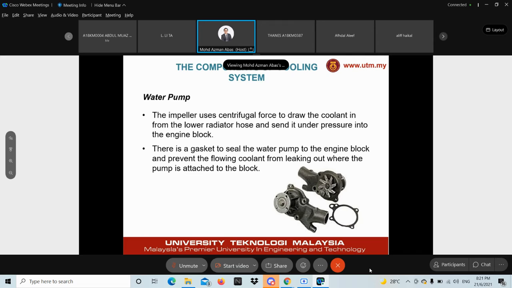Okay, so the ones in these slides are actually mechanical pumps, which are connected to the engine rotation either through a fan belt or mechanical gears or chain and so forth. But the latest ones are actually electric pumps. Okay, I think most of the BMW engines nowadays, the latest ones, are running on an electric water pump.